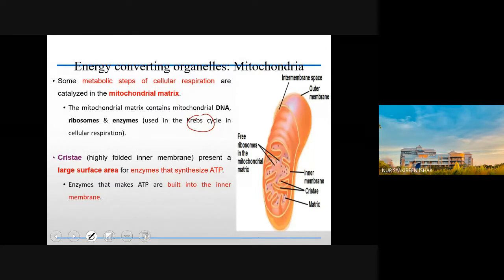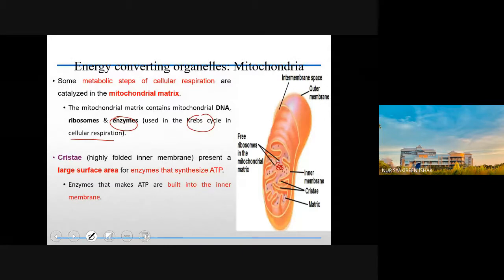Krebs cycle is one of the stages of cellular respiration that we are going to look at in detail in chapter 5. That's why, again I emphasize, mitochondria also contain their own DNA, so that the DNA can give instructions to the ribosome to synthesize protein, which can be enzyme.